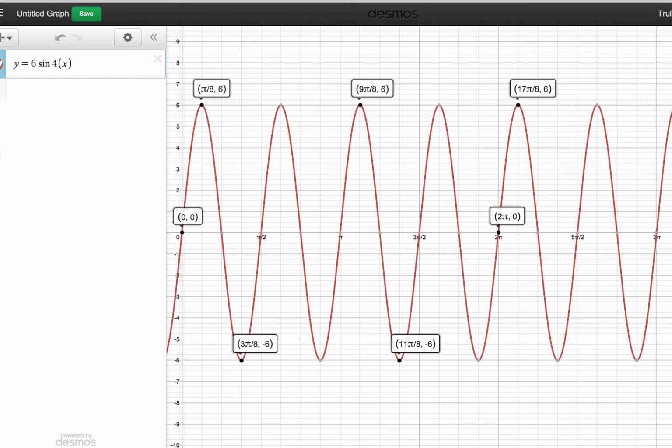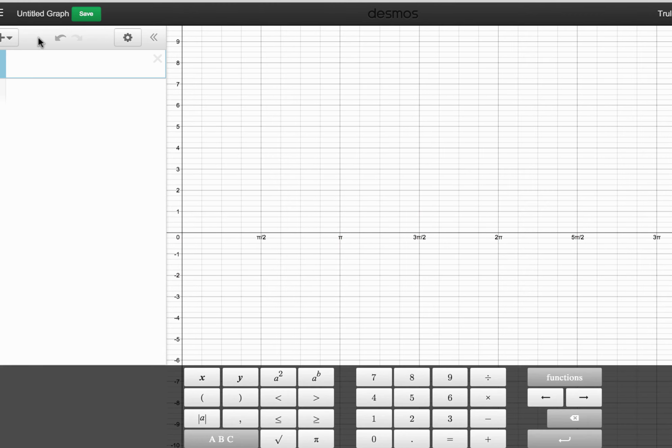Let's go over here to Desmos. Let's change this out. Y equals 8 cosine pi divided by 3. Whoops, that's not what I wanted.